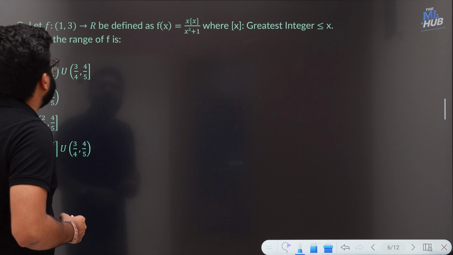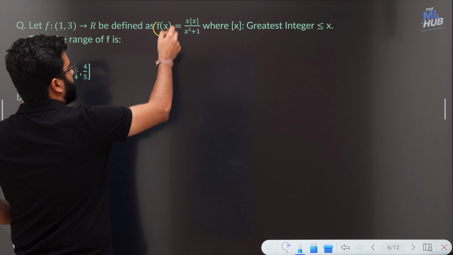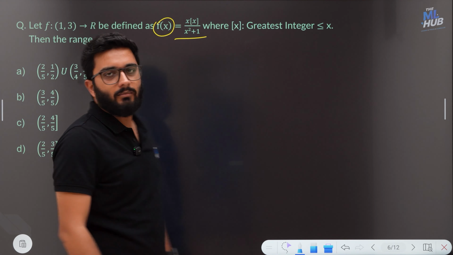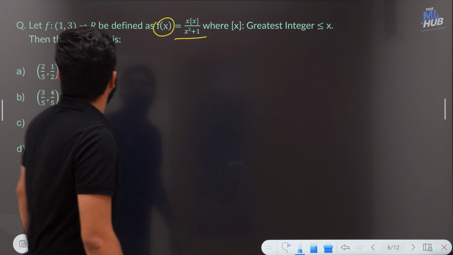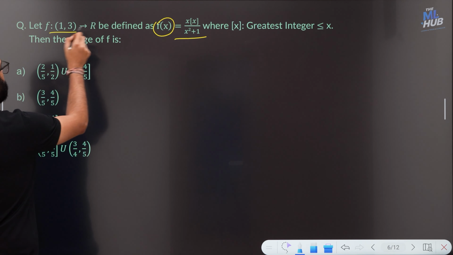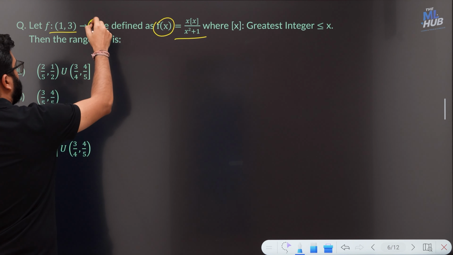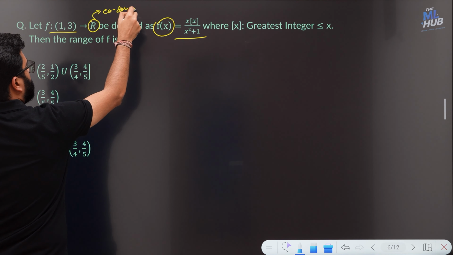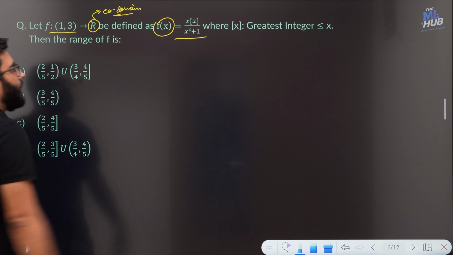Again, one more function is given to you: f of x is x times the greatest integer function of x divided by x square plus 1, and it is defined from [1, 3) to R. R is again the codomain.